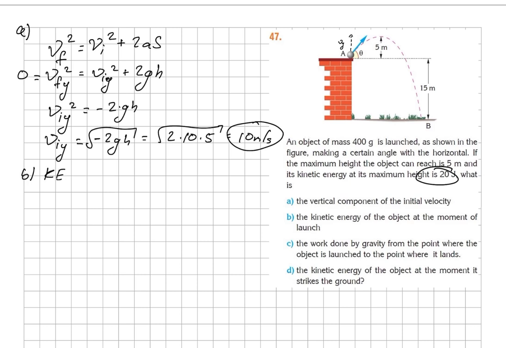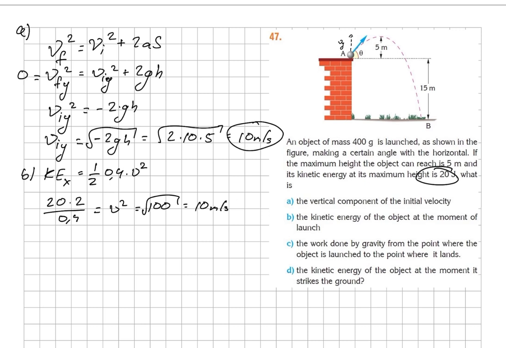Kinetic energy in x is equal to 1 over 2 times 0.4 times the velocity squared. So 20 times 2 over 0.4 is equal to velocity squared, which is 100, so the velocity is 10 meters per second.